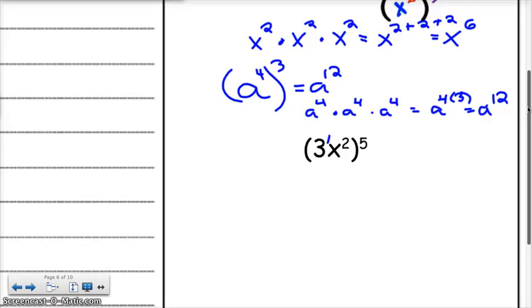This next one's a little bit more advanced. Now I'm going to expand this out. This is really a 3 to the 1st. You can apply this rule, but you have to distribute it to everything, just like when you distribute to everything inside. Let me show you the expansion part. This is 3x squared times 3x squared times 3x squared times 3x squared.